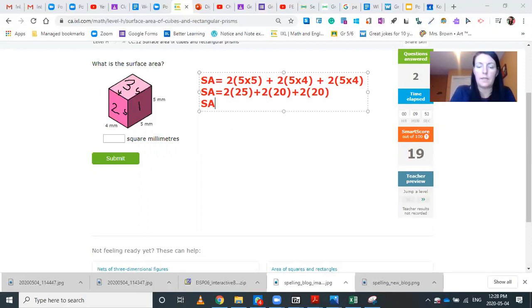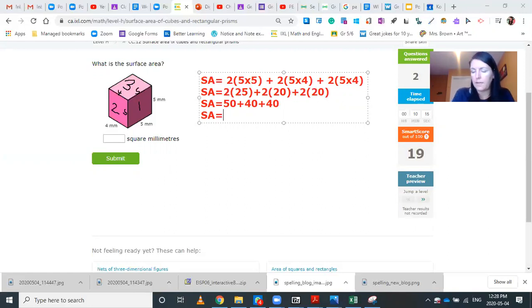Okay, next step, do one step at a time for each row. So 2 times 25, remember when you have the brackets, you are multiplying the numbers together. So 2 times 25 is 50. 2 times 20 is 40. And another 2 times 20 is 40. Okay.